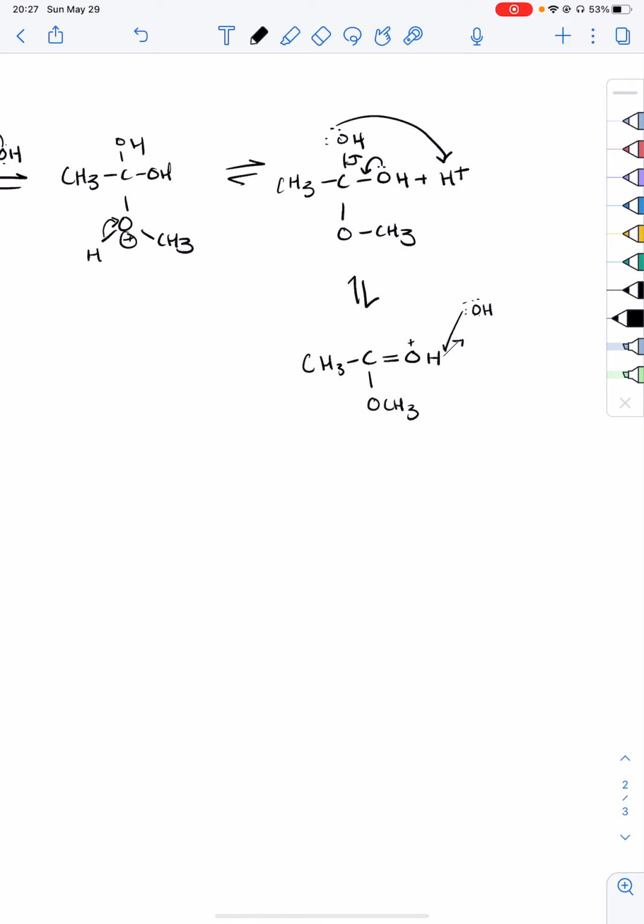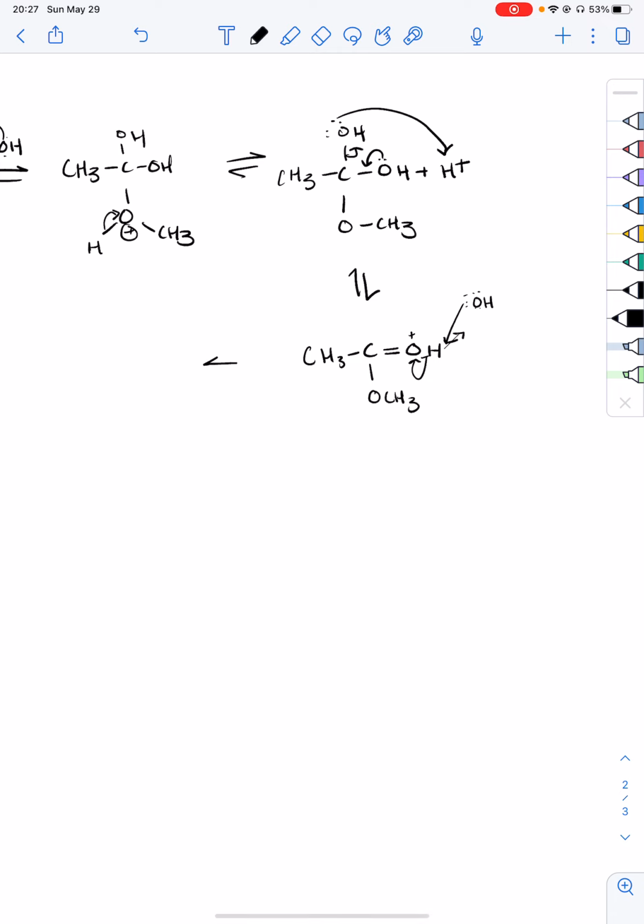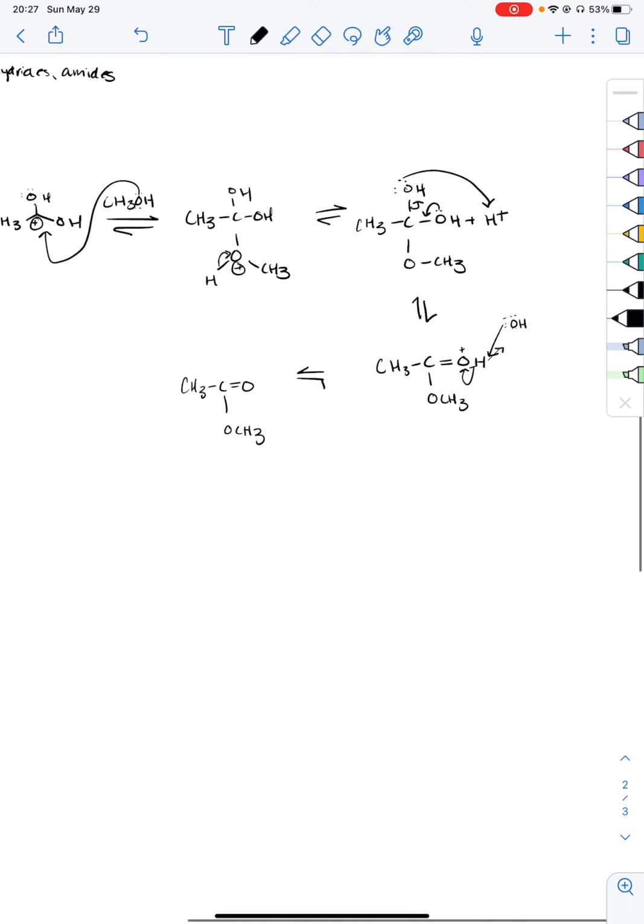That bond is going to break and go to the oxygen. And that is going to be our product. And this is a non-reversible ester formation.